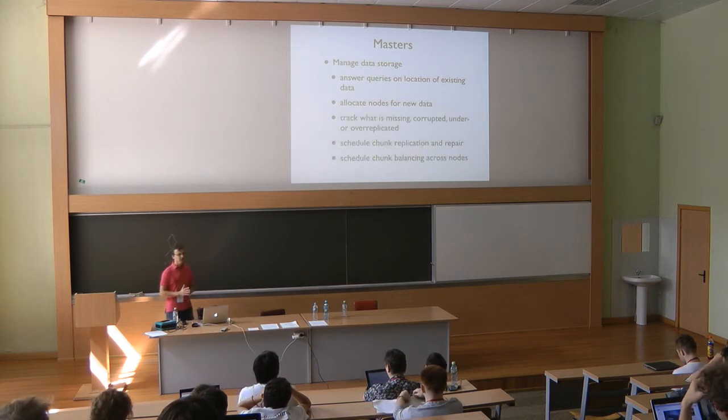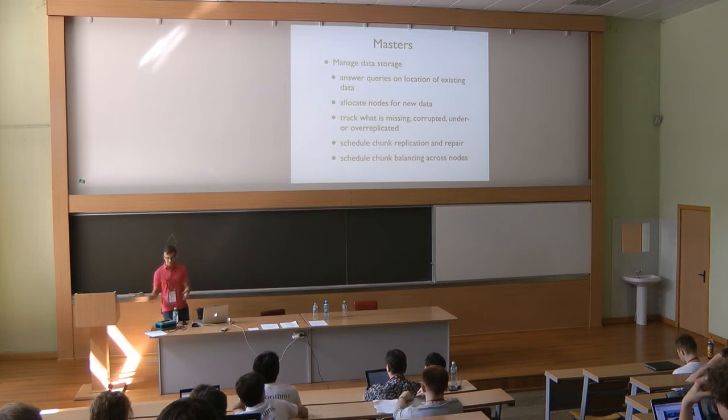Also, the master handles maintenance tasks like tracking which data is under-replicated due to machine fault or which data is over-replicated due to machine recovery, when we should issue an extra replication request, when we should rebalance some things from a node due to high load, or stuff like that.